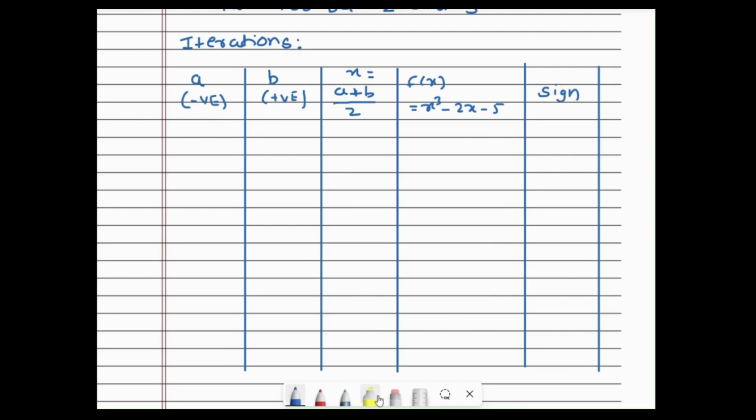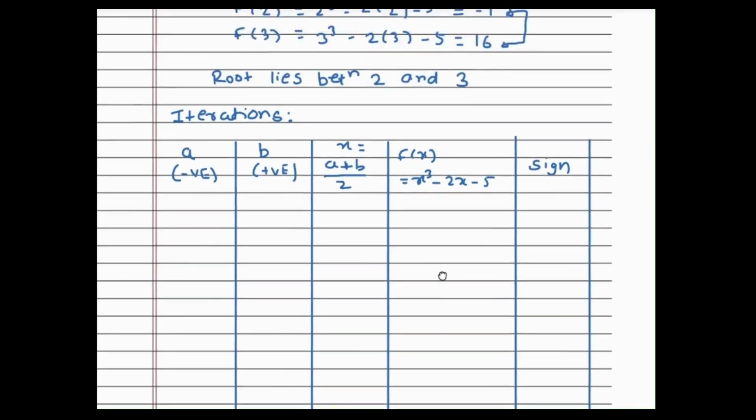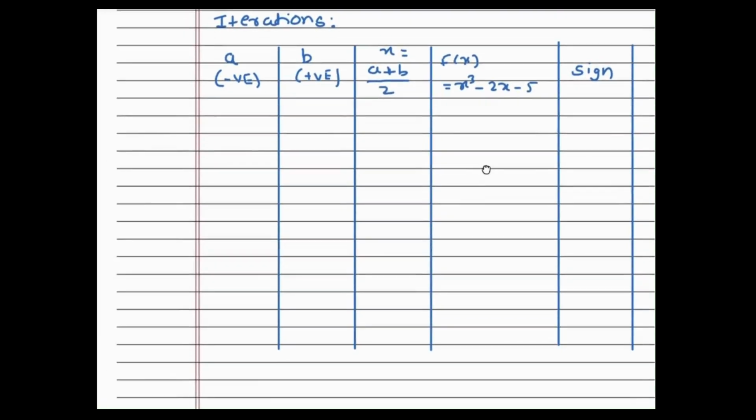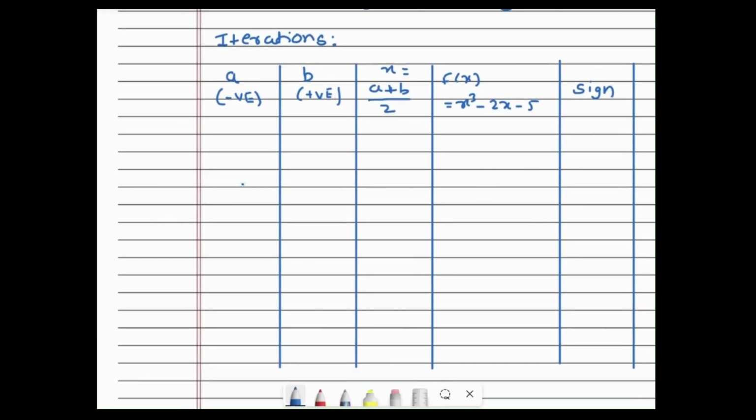Okay. So a is the value whose function is negative, so a is equal to 2, and b is equal to 3. We start our first iteration: x is equal to a plus b upon 2, 2 plus 3 upon 2, so it will come out to be 2.5. Now we test the function of 2.5. That will be 2.5 cube minus 2 multiplied by 2.5 minus 5.